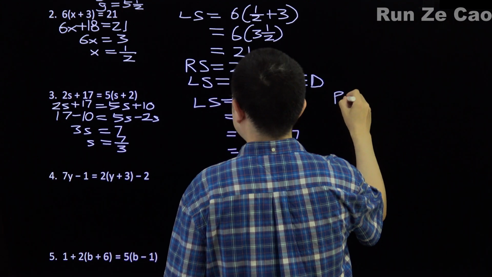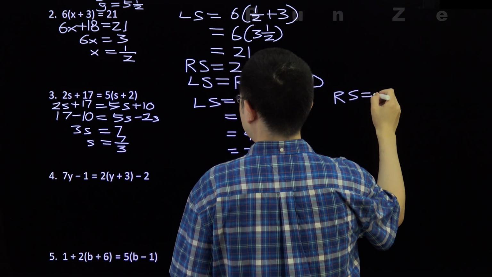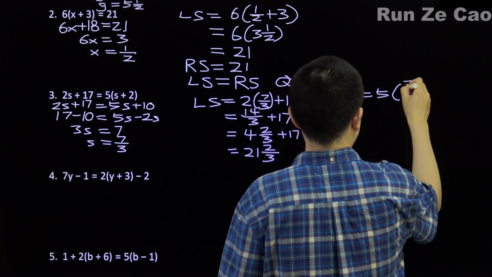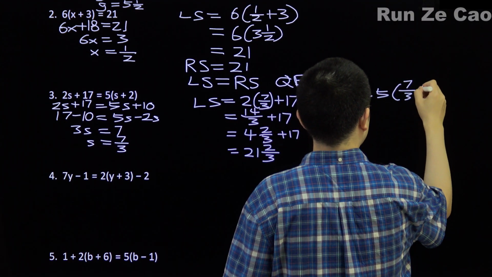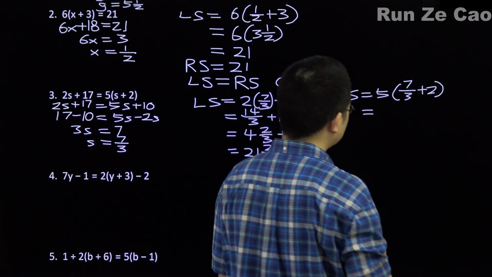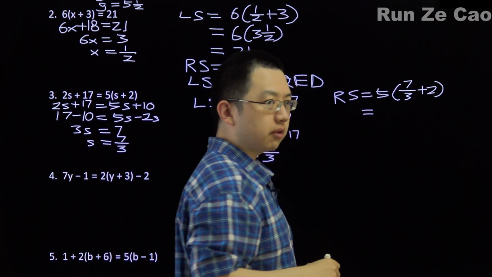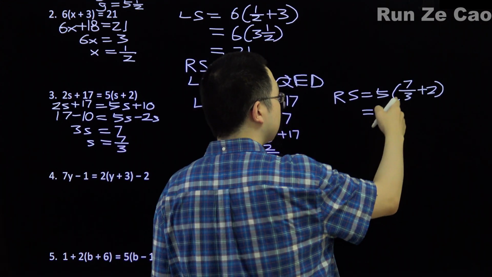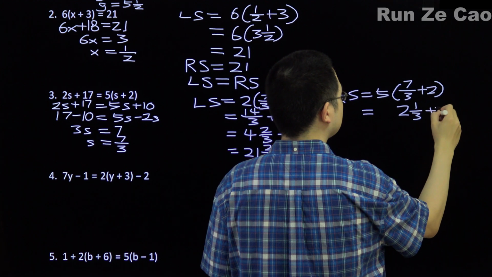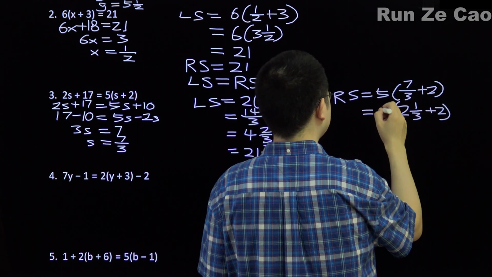The right side was 5 times 7 over 3 plus 2. So 2 times 3 is 6. Then this is 2 1/3 plus 2 multiplied by 5.